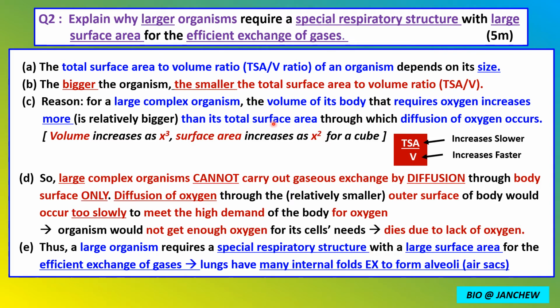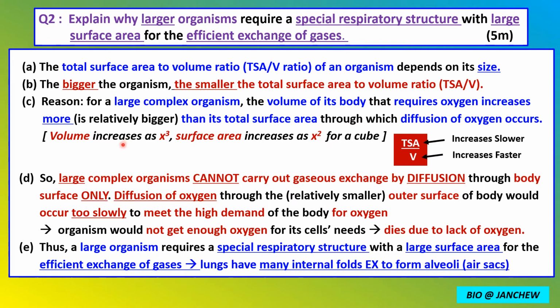And then its total surface area is that through which diffusion of oxygen occurs. So the total surface area will determine how fast diffusion of oxygen occurs. If diffusion of oxygen occurs through the surface of the organism, the bigger the surface area, the faster the diffusion of oxygen.